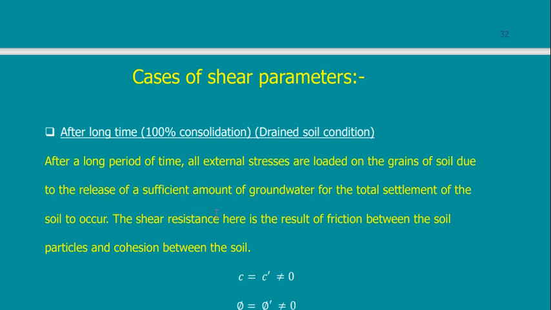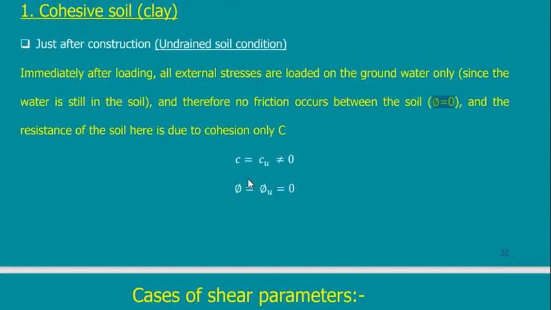So the shear resistance here is the result of the friction between the soil particles and cohesion between the soil. Cohesion is also there because it was there at the beginning, it will still be there. So in this case, I will have something called C dash and phi dash. Before, we had Cu and phi u, and we said that phi u is equal to 0.